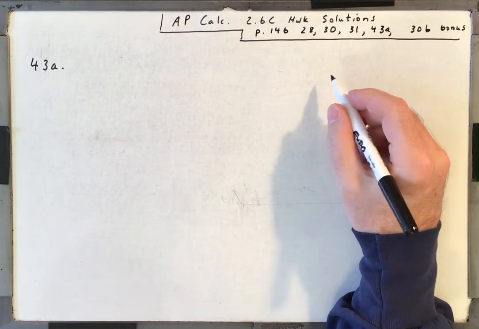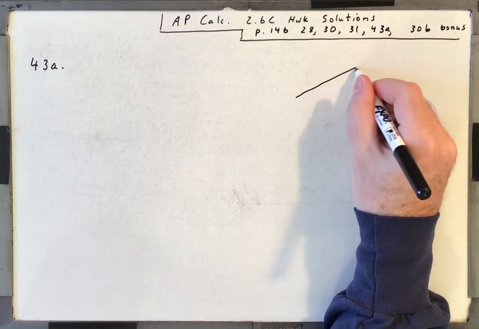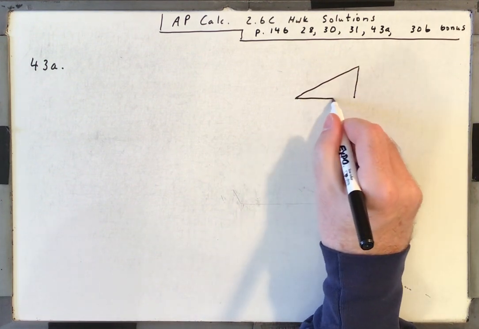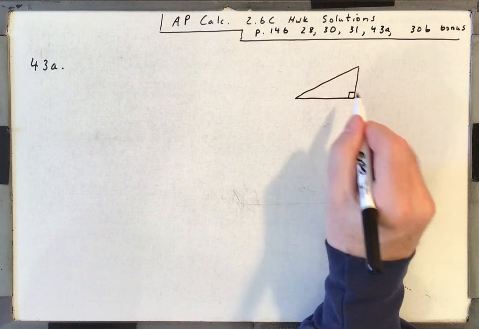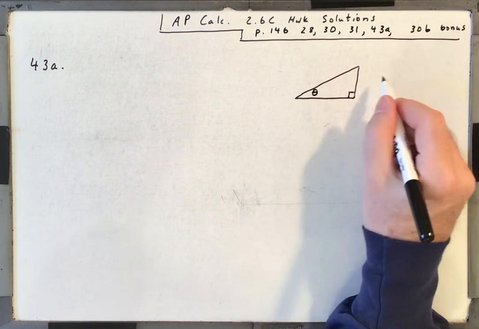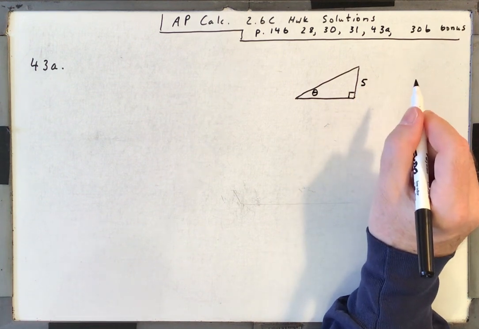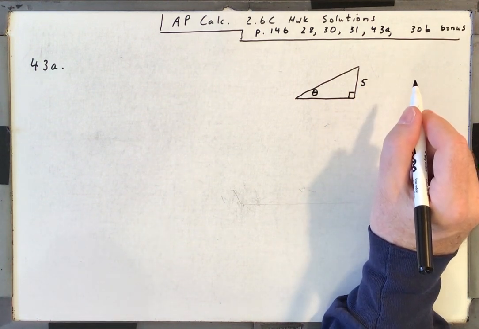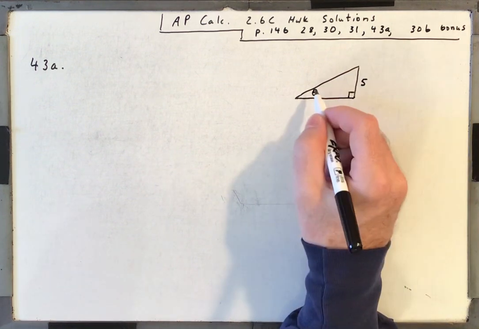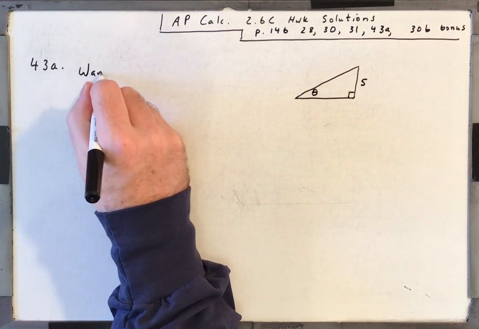Okay, drawing out this triangle. You know, it's a right triangle. This is theta. And we know this is 5. And we want to know the d theta/dt.